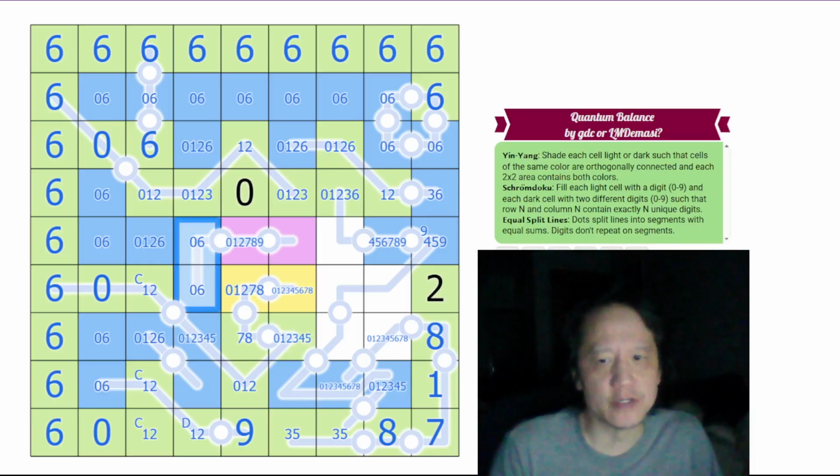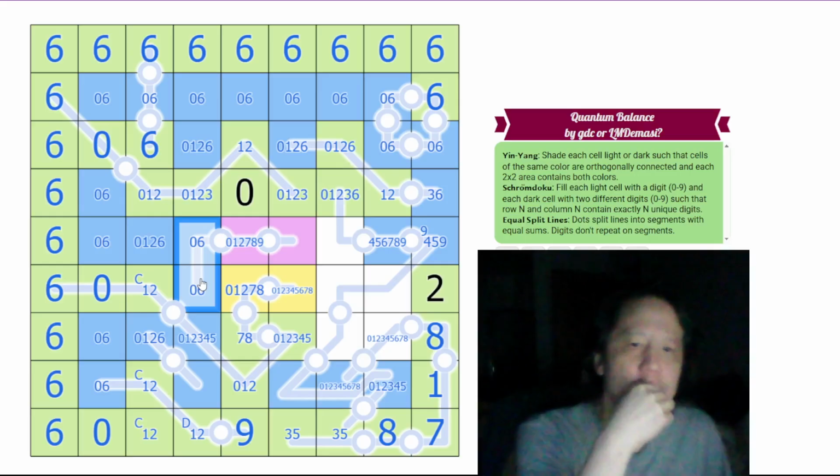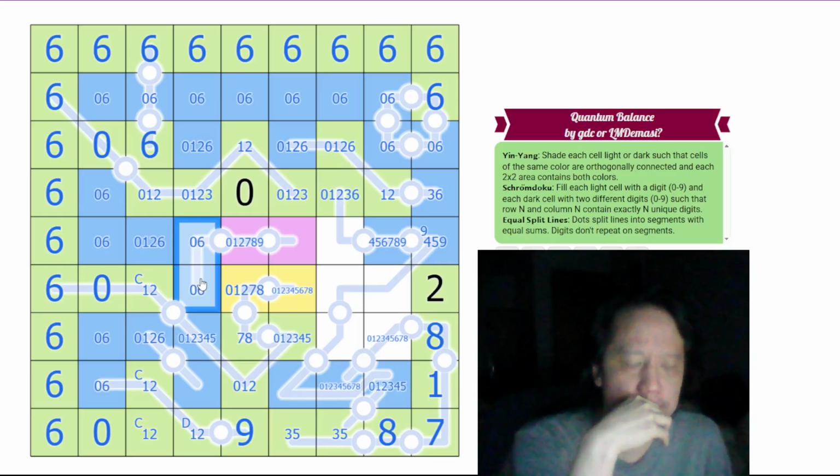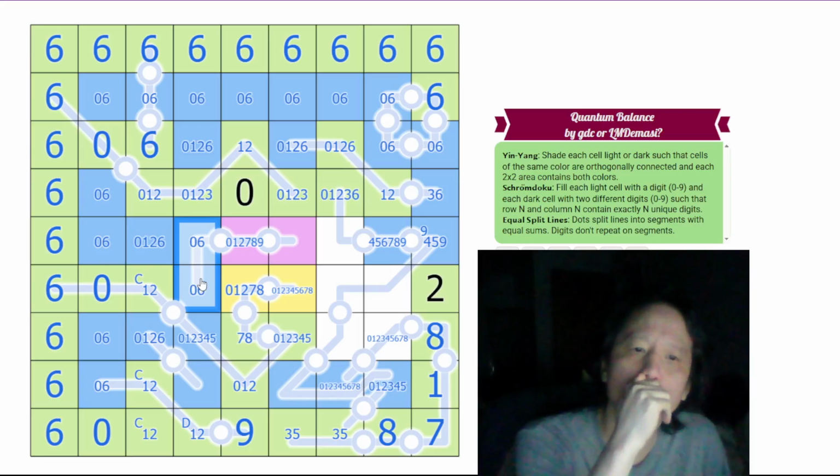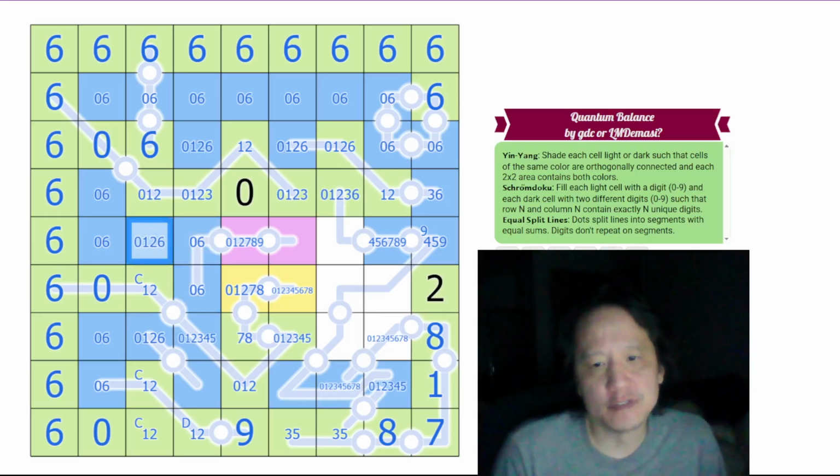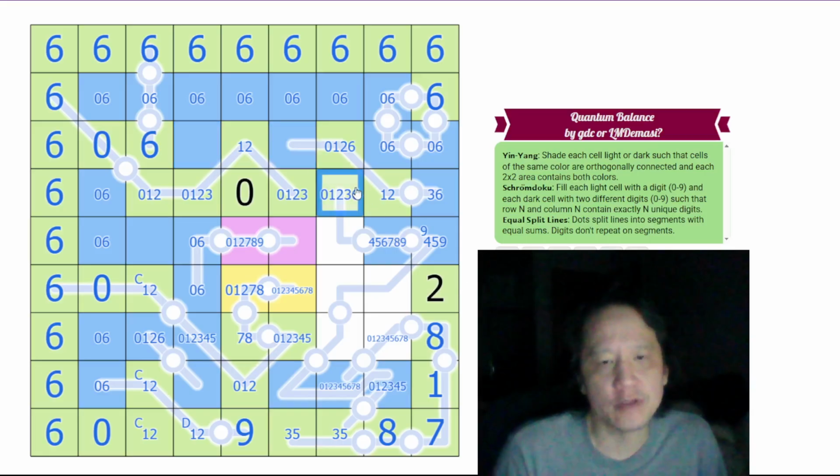We have guaranteed 0 and 6 here. We don't know what the other digits are. This could be 0, 6, so let's just remove these so that we don't get completely confused. Actually, I guess this one we should keep.